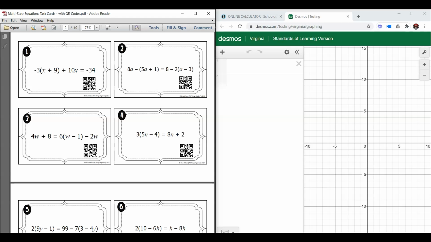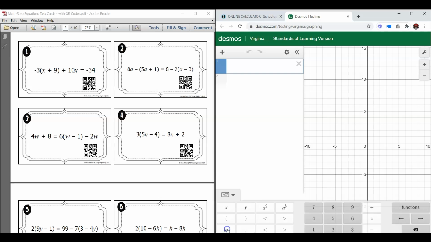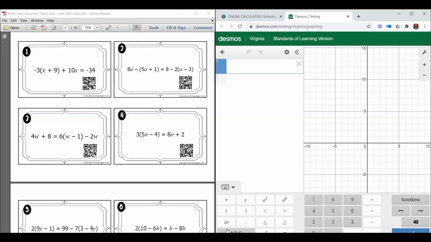All right, so what I'm going to do here now is I'm going to show you how to do this number one over here on the Desmos calculator. So you're going to click in this bar so that you get that cursor. And then don't forget that down here you have your keypad. So I'm going to click on that so that I can show the keypad.